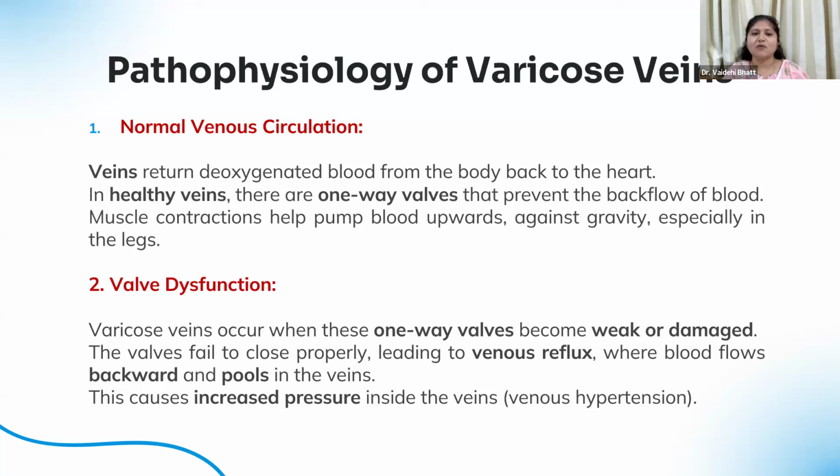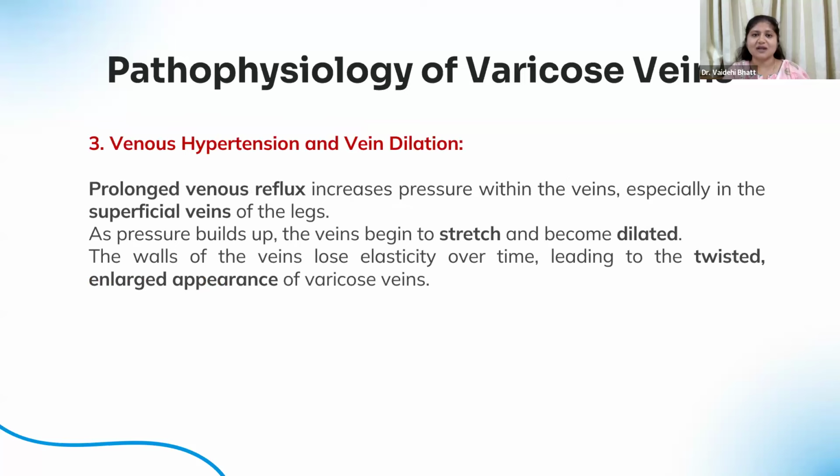So, if valvular dysfunction occurs, the valves that prevent backflow get weakened and damaged, and that will lead to venous reflux. That's why blood flows backward and pools in the veins, and that will cause an increase in pressure inside the vein. Next is the venous hypertension and vein dilatation.